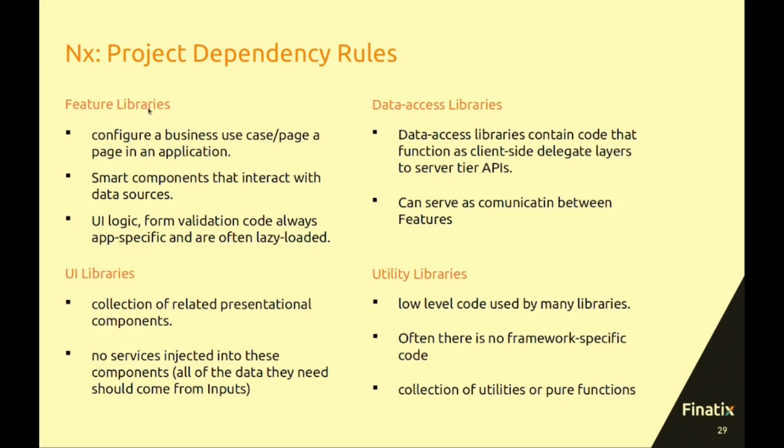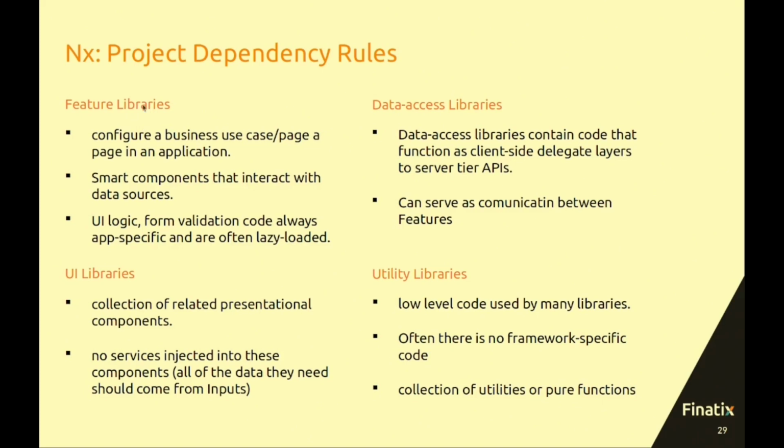And they say it's helpful to have different types of libraries you are going to use, like a feature library, a data access library, UI libraries, and utility libraries. And you can assign them all a tag, and then you can configure the way they are allowed to depend on each other.